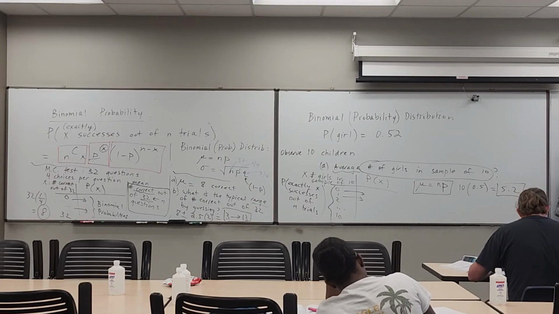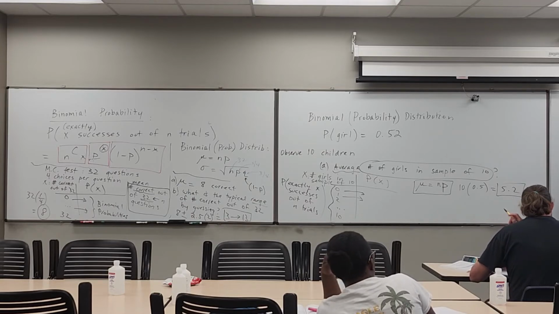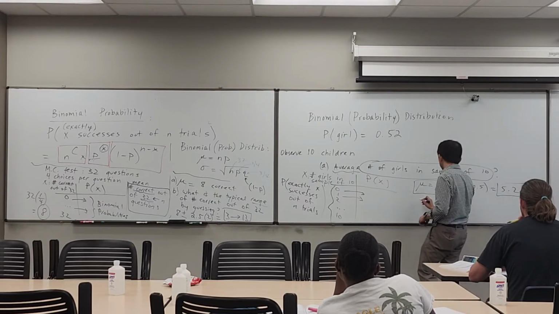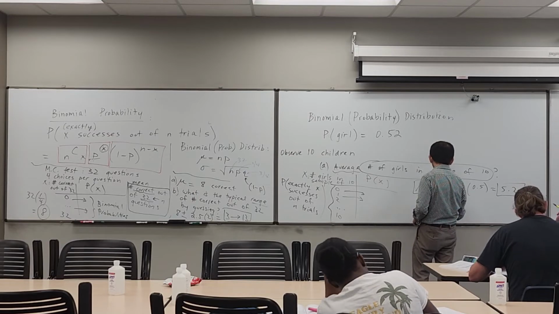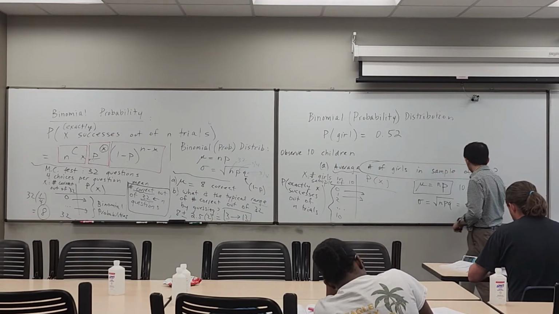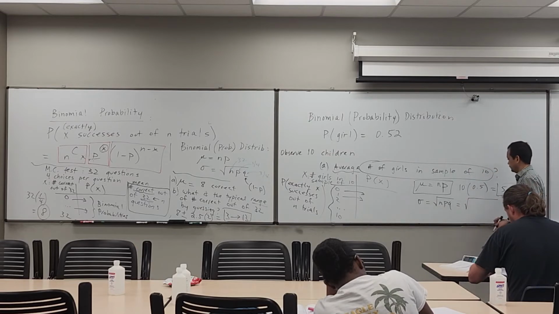Any questions? So if we were trying to find the standard deviation, n, p, q would be 10, 0.52, and then 0.48. So the standard deviation would be the square root of npq. I forgot the square root, there's the problem. Thank you.